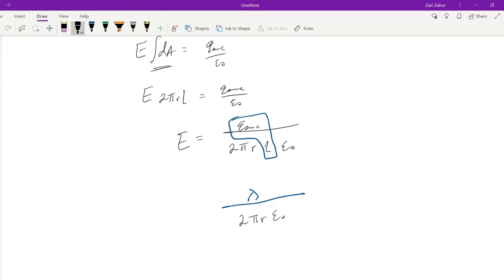Can you ever have a Gaussian surface with a charge on the surface? No, that defeats the purpose of creating this Gaussian surface. When you do your Gaussian surface, it is around a particular charge.